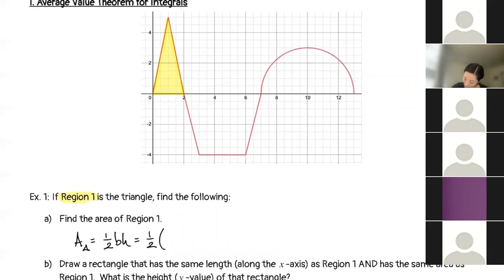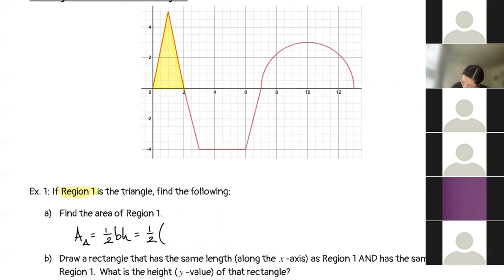Look at that teamwork, I love it. All right, base is 2, height is 5. Let's do a little reducing before we actually multiply things out and we get an area of 5, okay? So that means that the yellow triangle there has an area of 5, right?